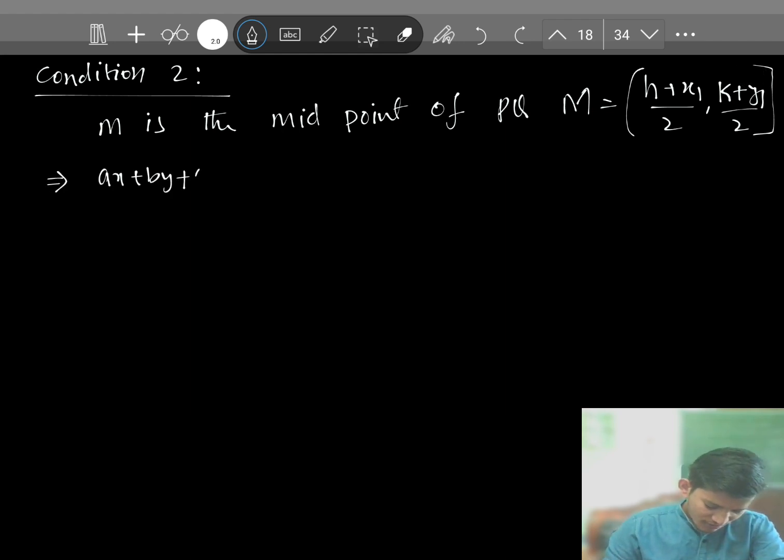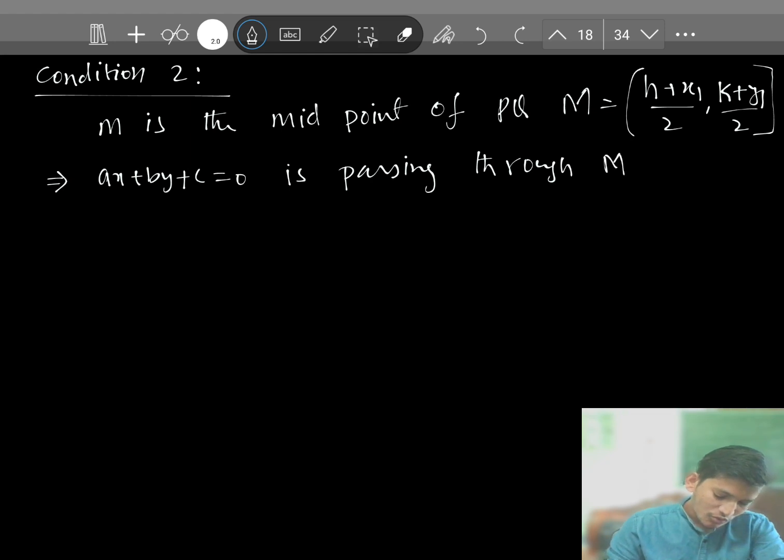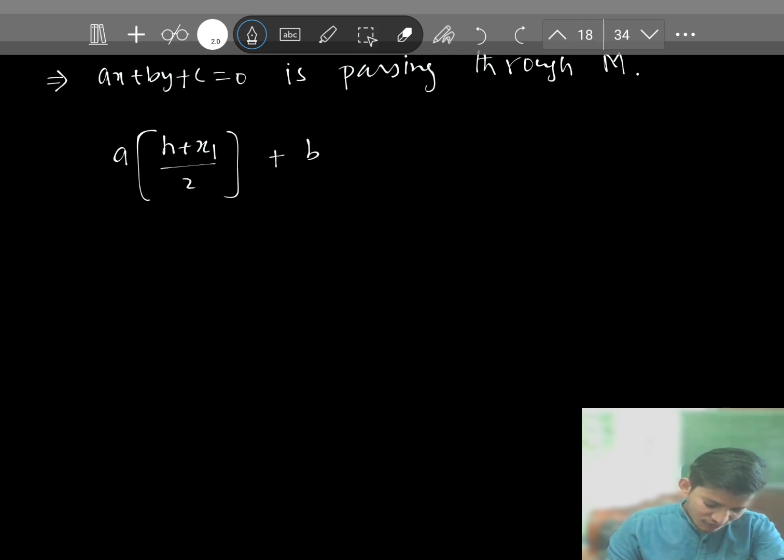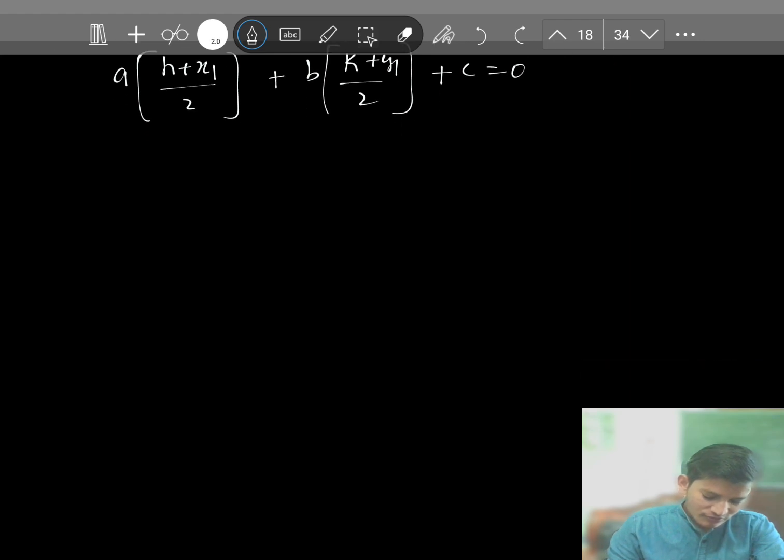And one more important thing, ax plus by plus c equals to 0 is passing through point M. So the point M must satisfy the straight line equation, right? So I can write it as a into the x coordinate of point M, (h plus x1) divided by 2, plus b into the y coordinate of point M, (k plus y1) divided by 2, plus c equals to 0.